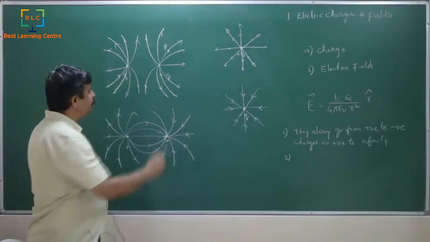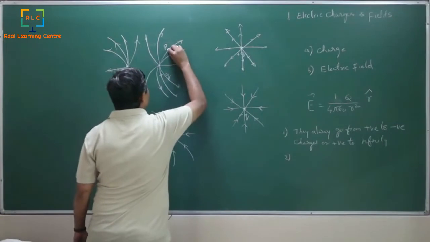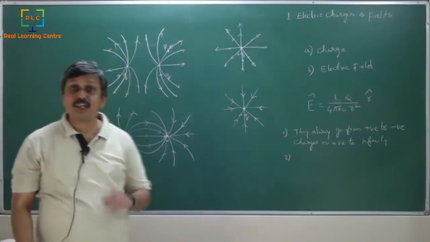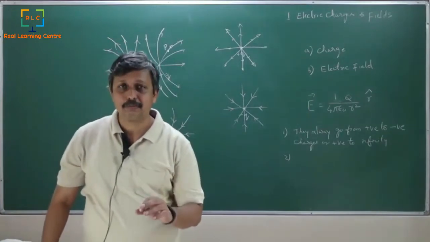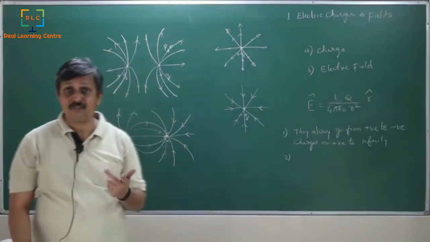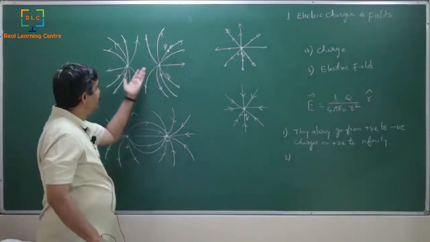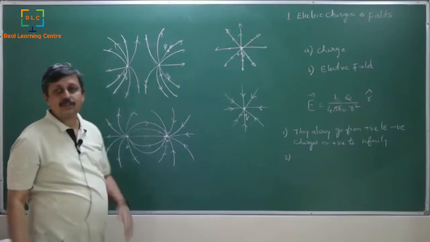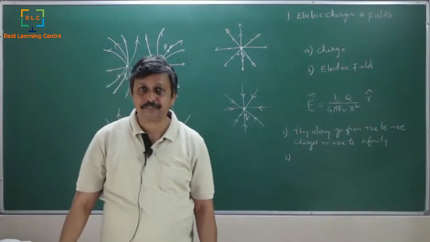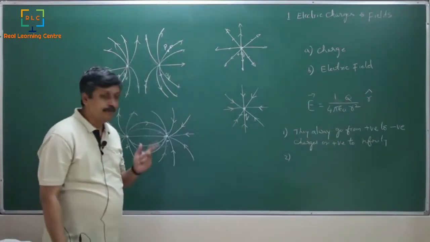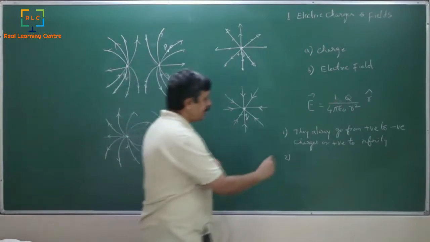If you draw a small tangent to the curve at that point, that gives you the direction of the electric field. Since it is a curve, you can draw a tangent and find its direction.